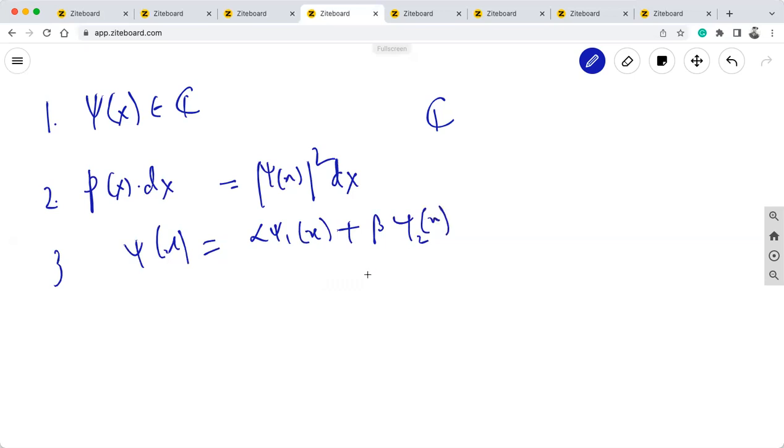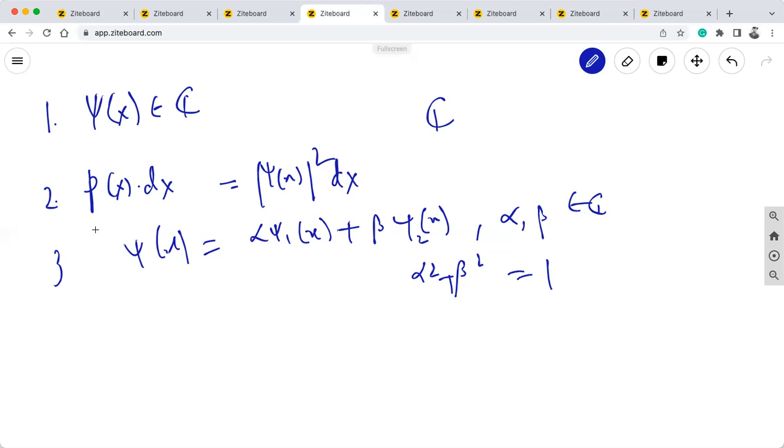So any wave function can be a superposition of many other wave functions, where alpha and beta are complex quantities, and alpha squared plus beta squared should equal 1. We will see some other details at some other point of time.